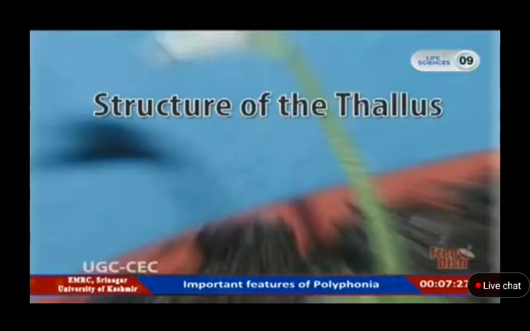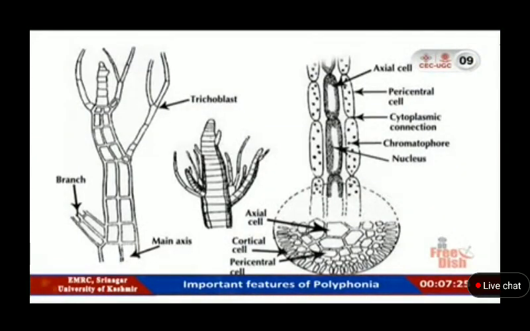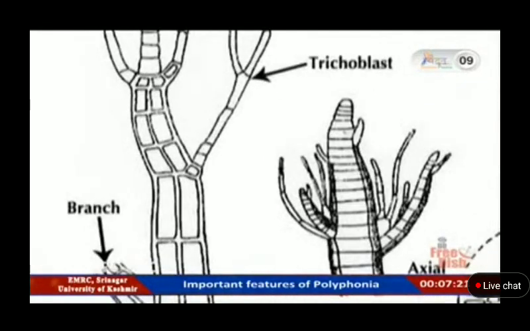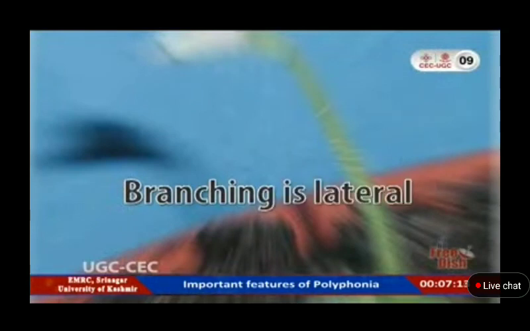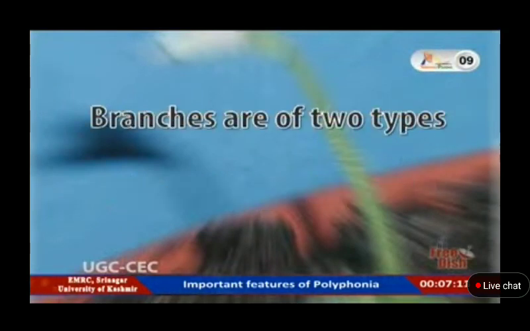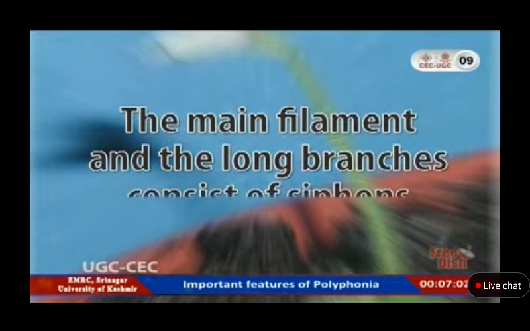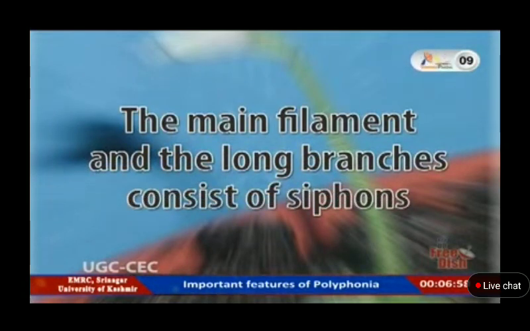Structure of the thallus. The upright portion of the thallus is composed of branched filaments which branch and rebranch several times, giving the thallus a feathery appearance. The branching is usually lateral and the branches are of two types, long and short. The main filament and the long branches each consist of a system of filaments called the siphons.